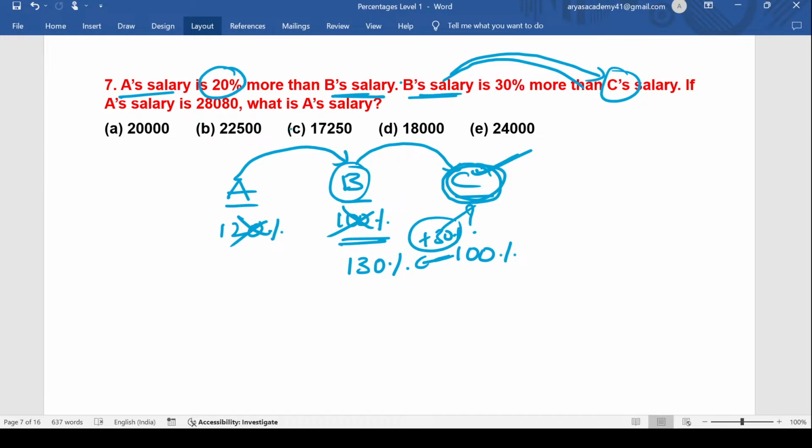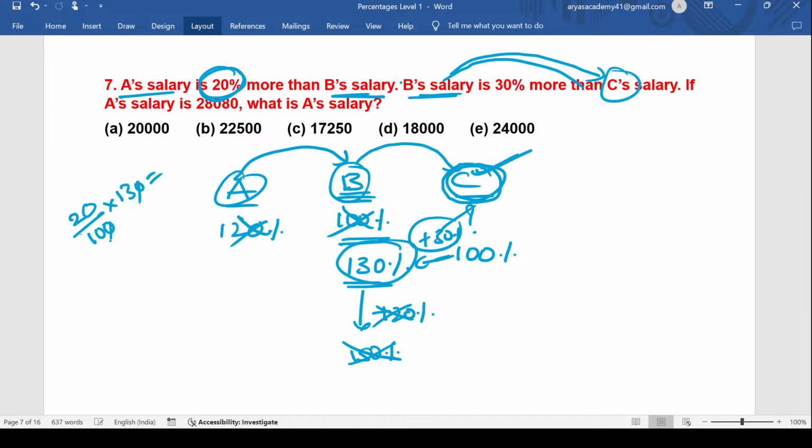But now you come to the first point, where A is being compared to B. A is how much percent more than B? 20%. A is more than B, and B's value is 130. So can I add 20% directly to 130 and say that the value of A is 150? No. I have already told you why this is wrong, because the reference point is not 100. The reference point is 130. So if A's value is 20% more than 130, first you have to find out 20% of 130.